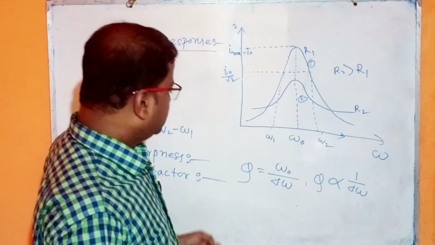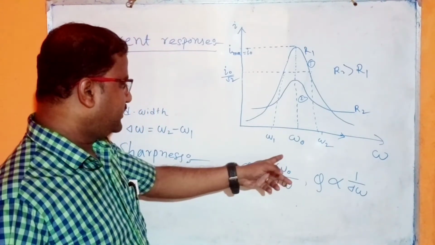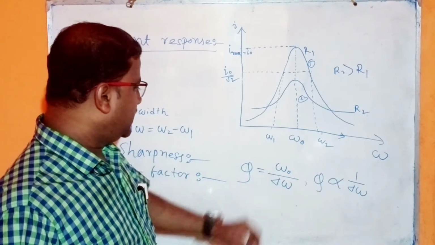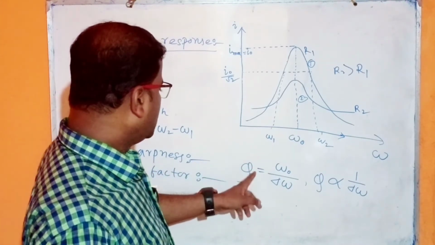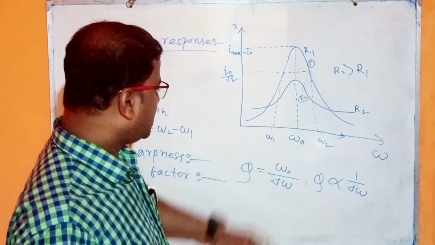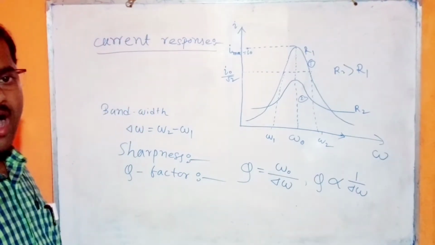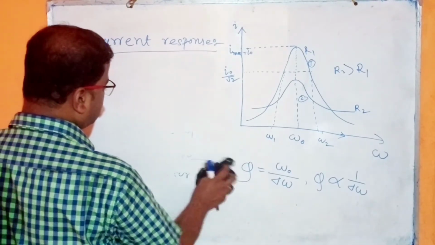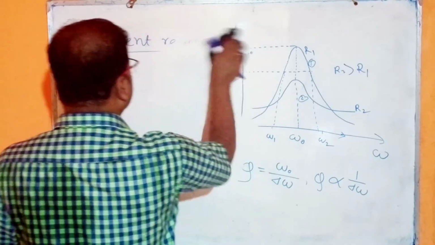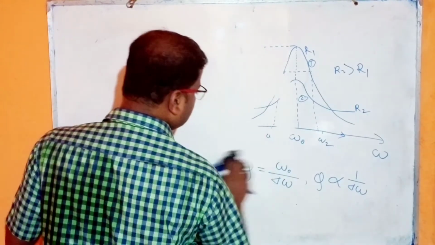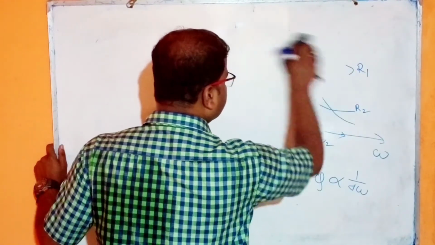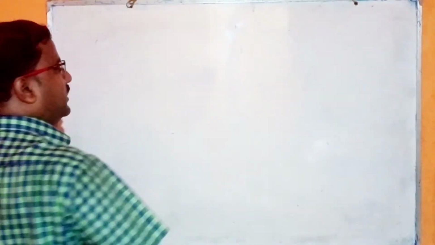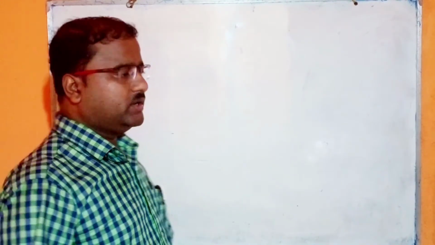Now we calculate resonance frequency omega 0, bandwidth delta omega, and also the Q factor in terms of L, C and R. First we calculate resonant frequency.